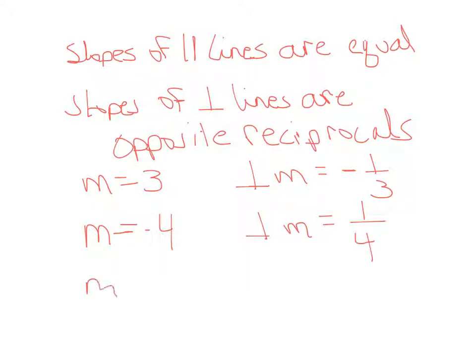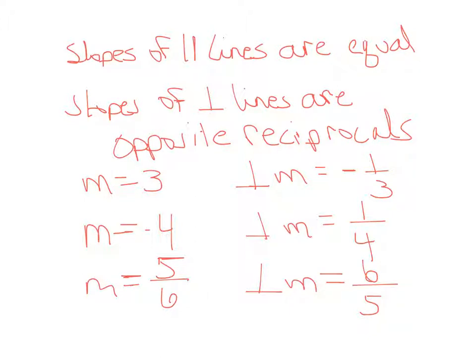If I had a slope of 5/6, the perpendicular slope would be 6/5. Okay, so that is what we need to know.